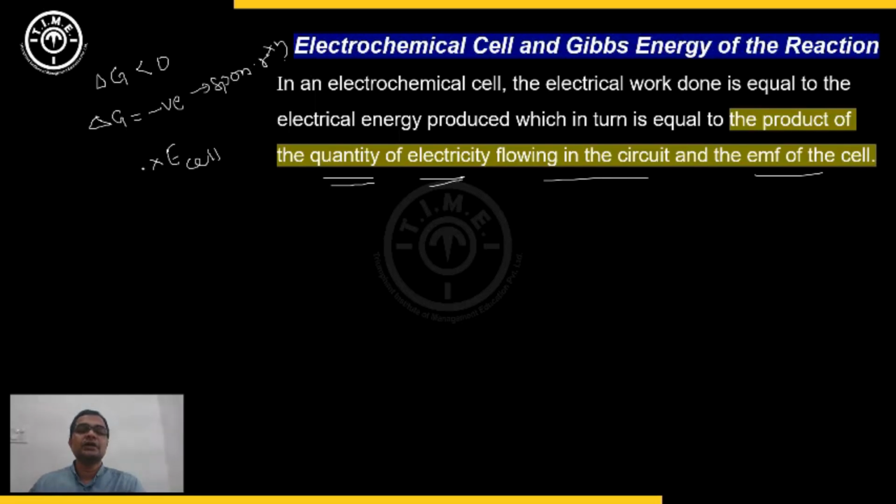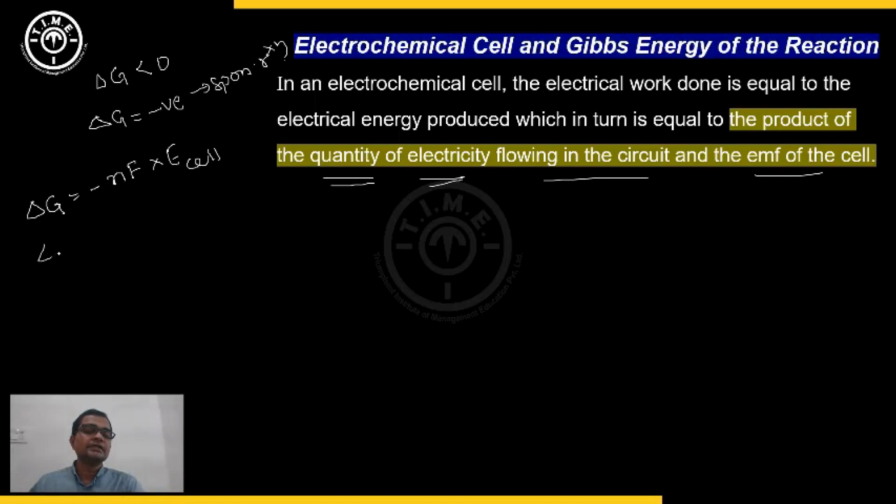It is multiplied with the quantity of electricity, which is calculated in Faradays, so the number of electrons transferred during the cell reaction. Therefore, the quantity of electricity flowed in the circuit is nF multiplied with E cell, that is equal to delta G. If the reaction is spontaneous, it must be negative. So delta G is equal to minus nF E cell.